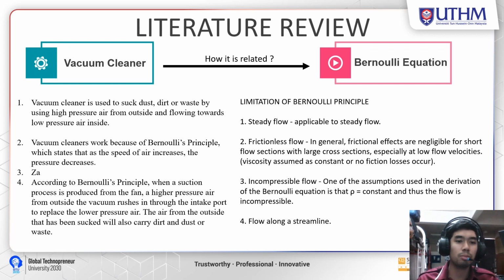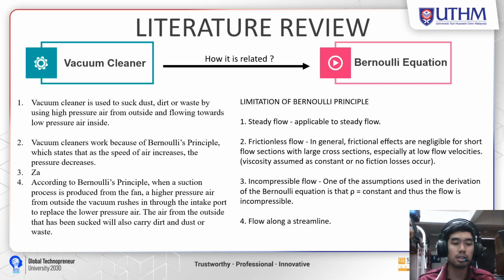A vacuum cleaner is a device that is used to suck up dust, dirt or waste by using high pressure air from outside flowing towards low pressure air inside. So how is the vacuum cleaner related to the Bernoulli equation? The vacuum cleaner works because of Bernoulli's principle, which states that as the speed of air increases, the pressure decreases.